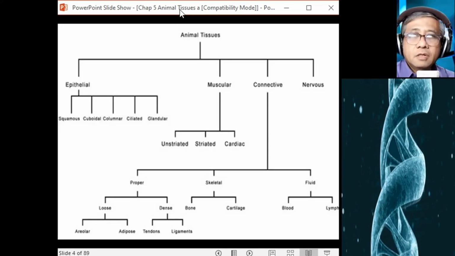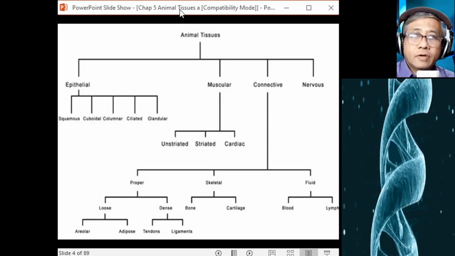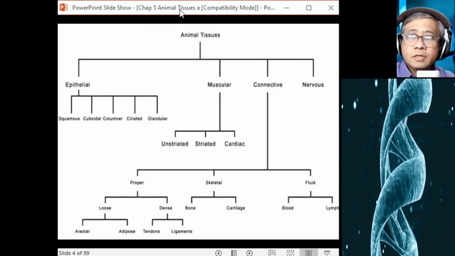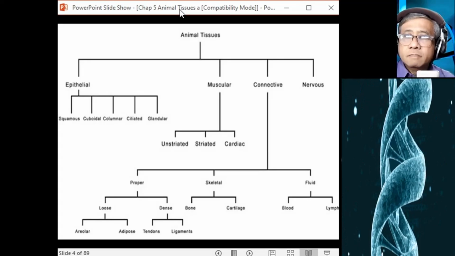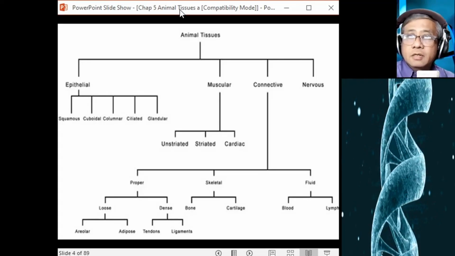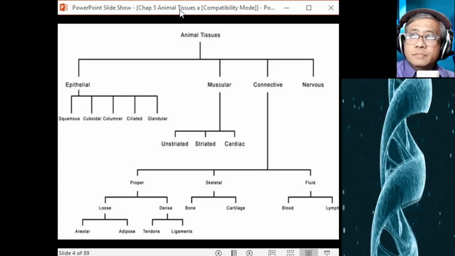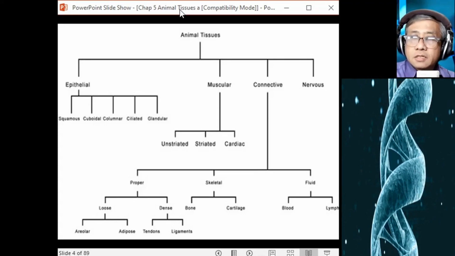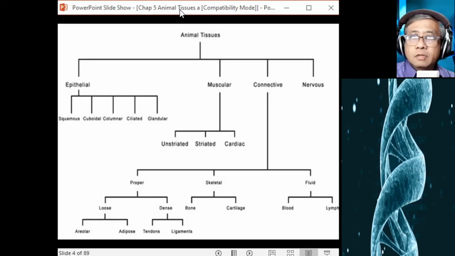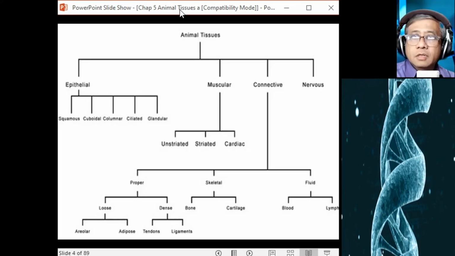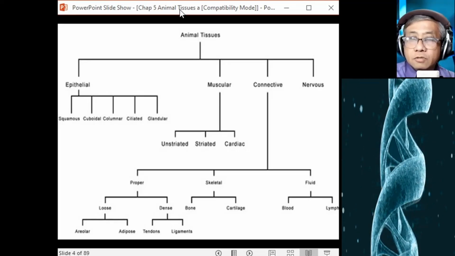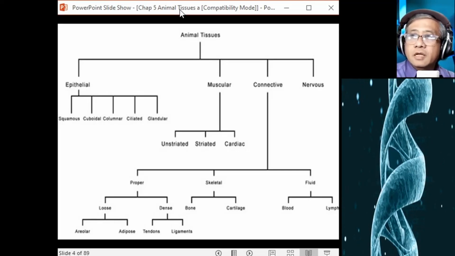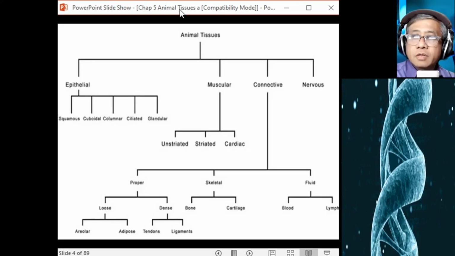Now, under epithelial tissues, we have the following: squamous, cuboidal, columnar, ciliated, and glandular epithelial tissue. Now, under muscular tissue, we have striated or skeletal muscle, unstriated or smooth muscle, and we have the cardiac muscle.